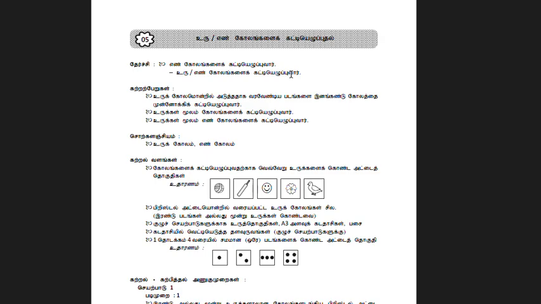That is the competency. And here they have mentioned Kattad Perugal in Tamil. For that you want to write the learning outcomes. The learning outcomes will be: students will be able to identify the picture patterns and complete them.